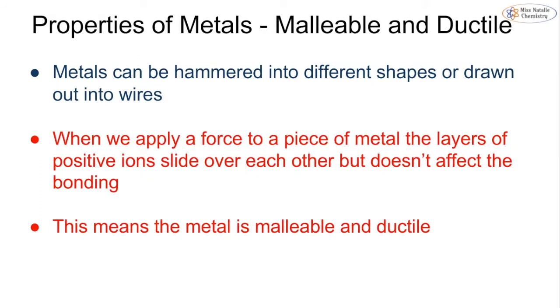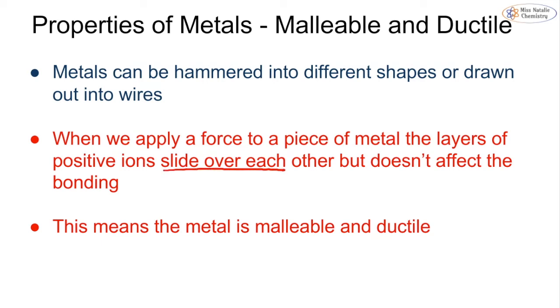As we've mentioned, we can hammer metals into different shapes, or we can draw them out into wires, and we call this malleable and ductile. The reason this happens is we've got layers of positive ions, as in the diagram we've seen, and when we apply a force to a piece of metal, the layers of positive ions are able to slide over each other.